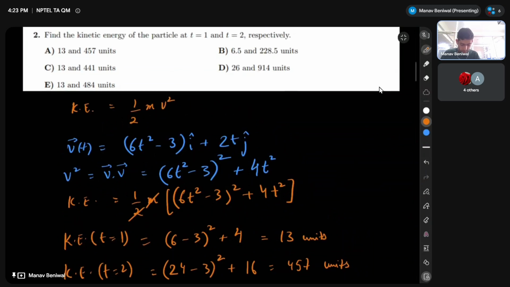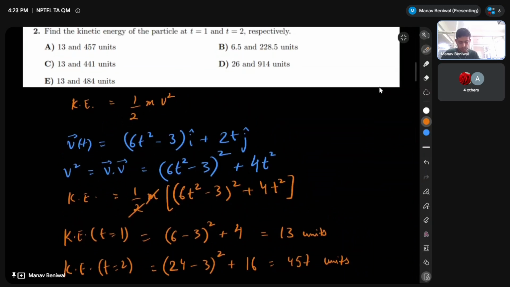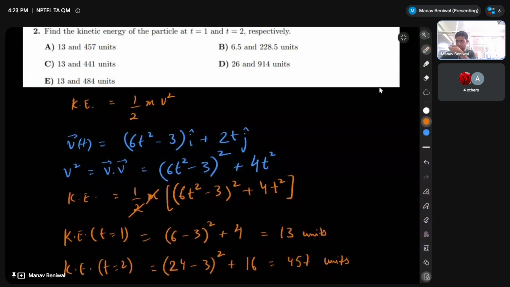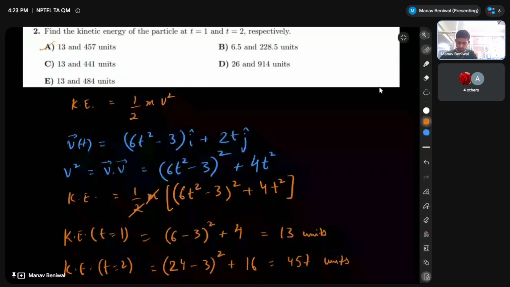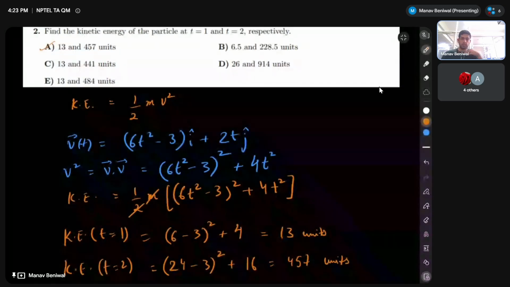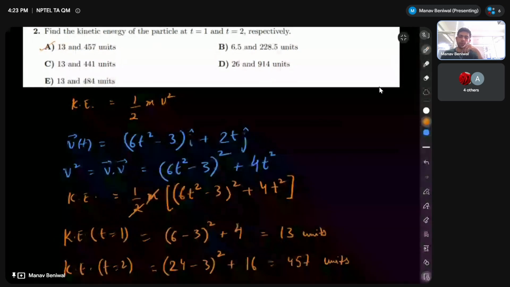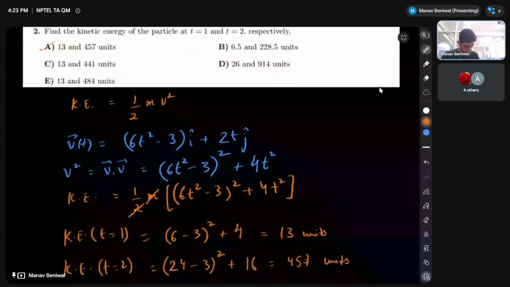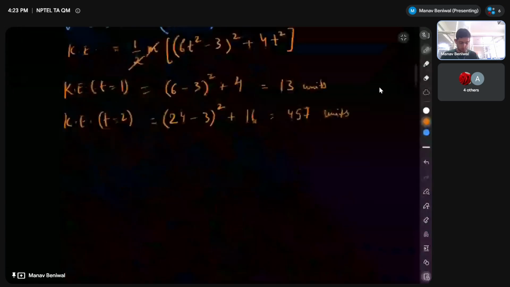Again, option A. Okay, so we knew velocity, and from velocity we could calculate kinetic energy at these 2 points. So moving on.